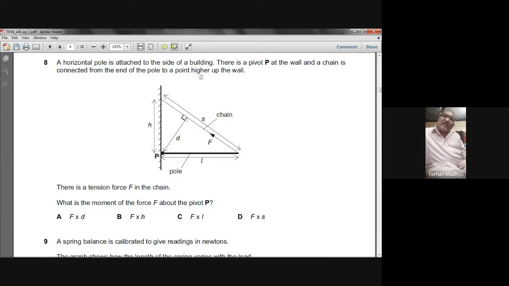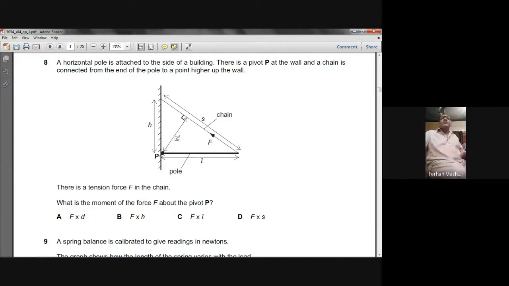The line of action of the force is this line. Pivot is here. And this is the perpendicular distance between the pivot and the line of action of the force.